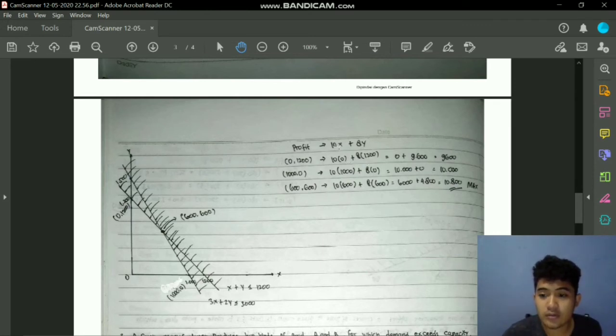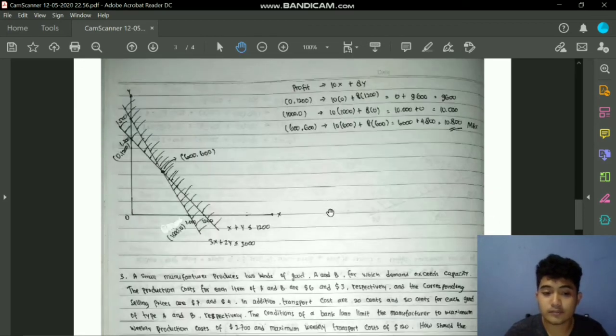At the beginning we search first, and we use the coordinates. We put these coordinates into x or y, so we change x to 0 or y to 1200. So we get the maximum profit is 10,800.